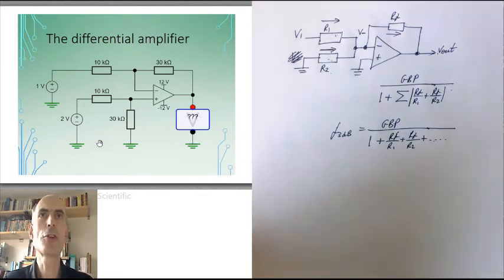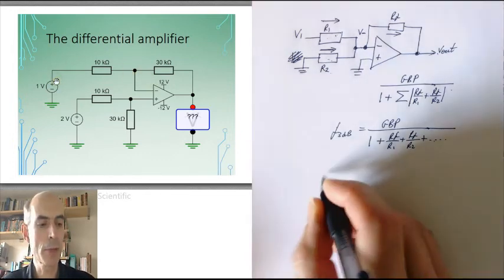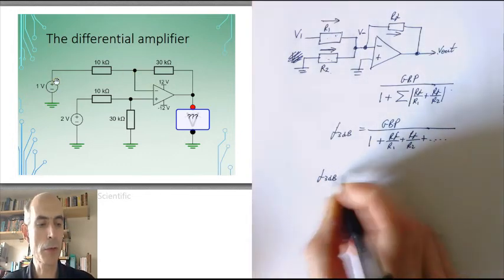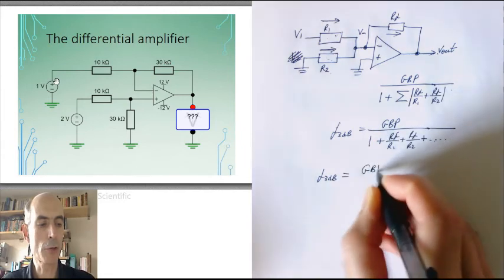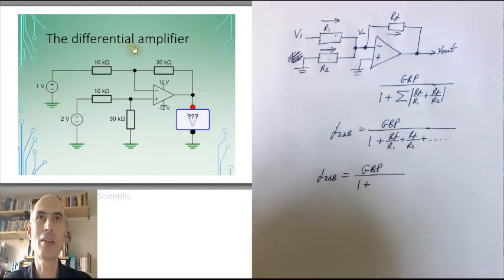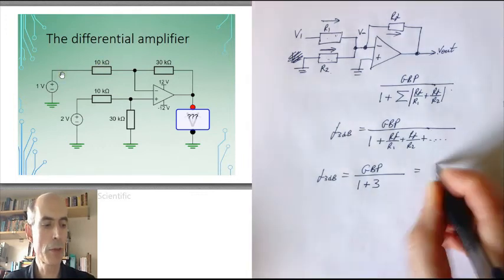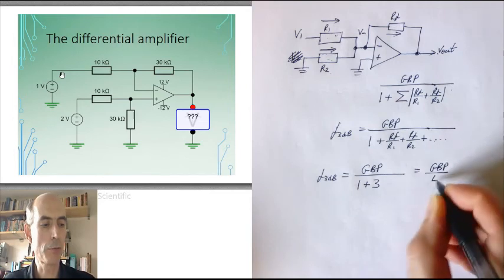If I just consider the 1 volt input here and ask what is the bandwidth from this input to the output, then I could consider it to be an inverting amplifier and write the 3 dB bandwidth as the gain bandwidth product of the op-amp divided by 1 plus the modulus of the inverting gain, which in this case would be 3 divided by 1, or just 3. So I would end up with the gain bandwidth product divided by 4.